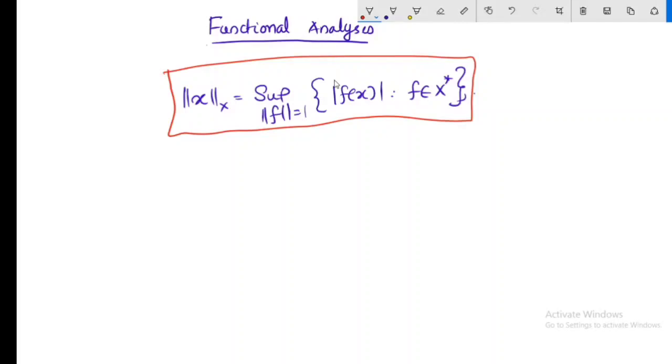In that section we will prove, we denote the dual operator as A*, the dual of a linear operator A from X to Y, and there we will prove that norm of A* is equal to norm of A. For that proof we are using this result. So listen carefully. We have norm of x is equal to supremum over norm of f equal to 1 of modulus of f(x), such that f belongs to X*.